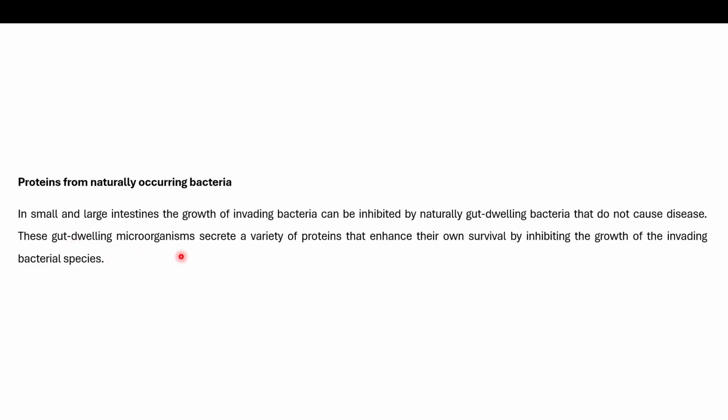Yeah, so in general, when in a proper optimum concentration, these are very essential for our body to function. So these naturally present bacterial species inside the gut can also secrete certain chemicals or a variety of proteins that can enhance their own survival but inhibit the growth of any invading pathogen. Okay.